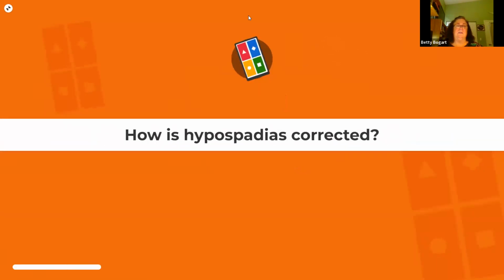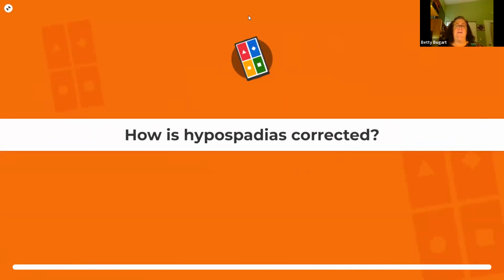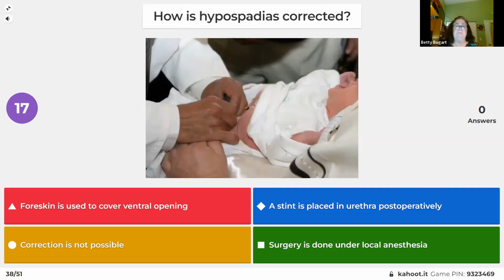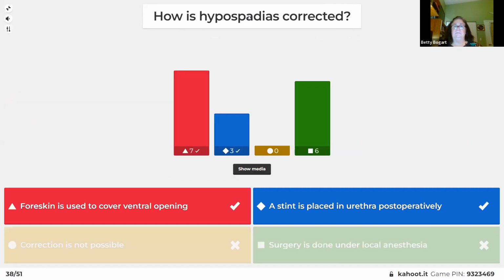A multi-select. How is the hypospadias corrected? So the foreskin is used. Now we put that stent in, and I actually saw a kid when I was doing clinicals at this PPAC, it's called a prescribed special daycare.